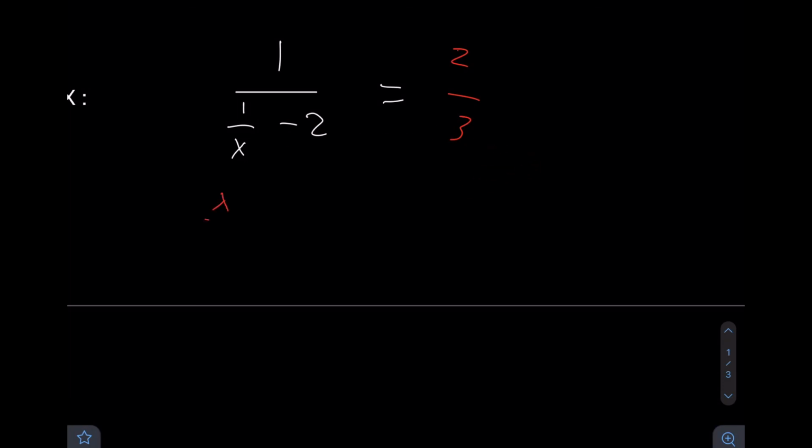So this is going to become x minus 2 over 1 is equal to 3 over 2. And this already makes things a lot simpler. Why is that? Because this is 1, so we can just remove it, because any number divided by 1 is the same as that number. Now you can see that it looks a lot simpler.